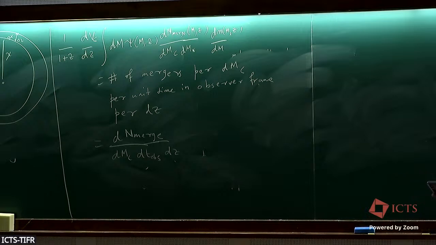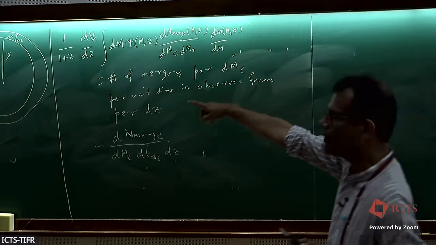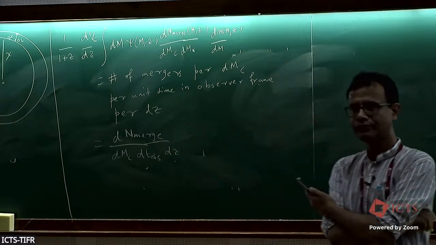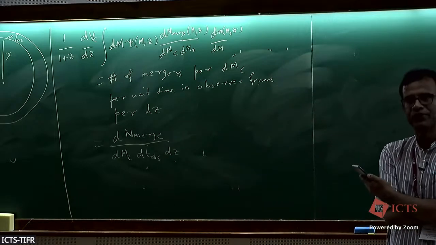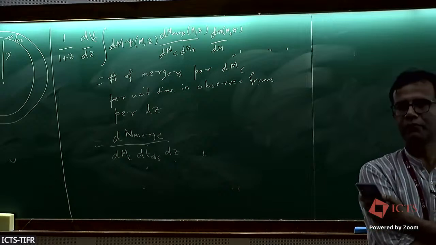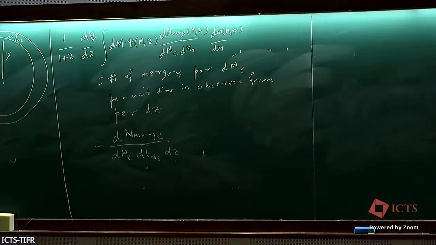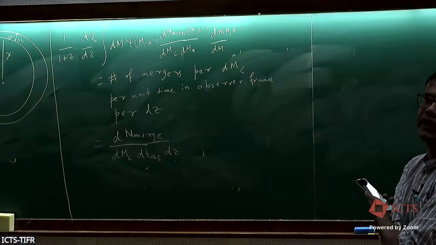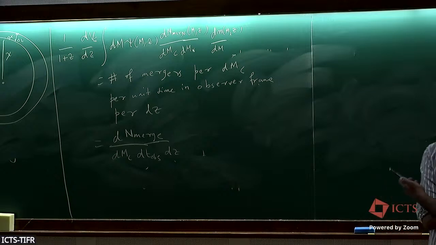That has already been corrected because we started with some redshift z. So this is the observed, measured chirp mass. Or else you have to take these observations and correct to this one. Since this is just a geometric factor, that is easier to deal with. It does not depend on my star formation history and other things.